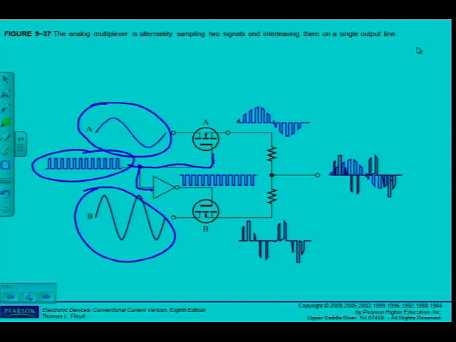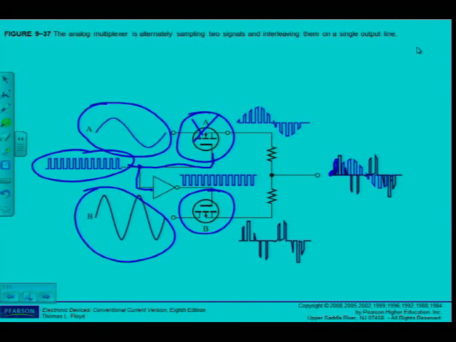So what happens is then for one pulse, A is switched on, and I get a portion of the signal on the output. And for the red one, the colors are more clear in your textbooks. With the inverted pulse, A will be off and B will be on, and I get my next sample. But you can see that the one after the other, they're not on top of each other, they're multiplexed. So this is called time division multiplexing.